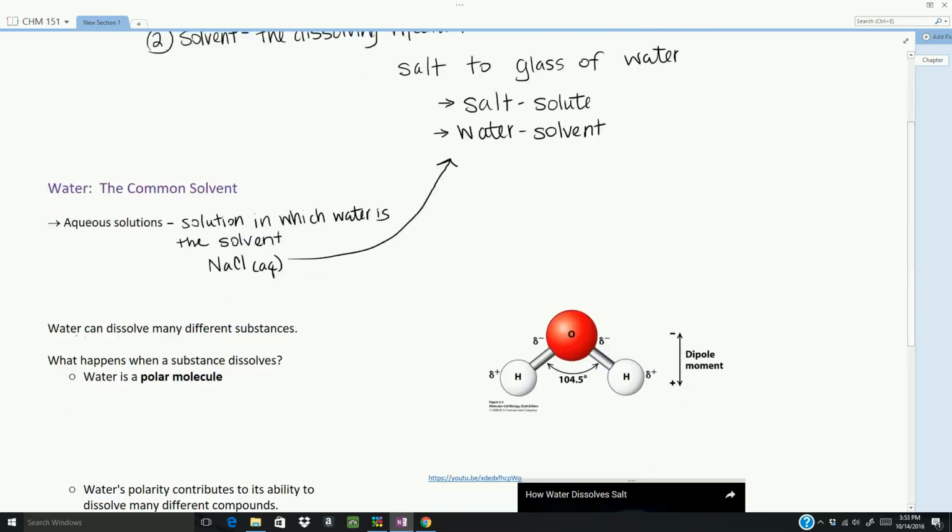So water can dissolve many different substances. And the way that water dissolves these substances is because of some of its properties. So water is a polar molecule. Polar meaning it has unequal charge distribution.